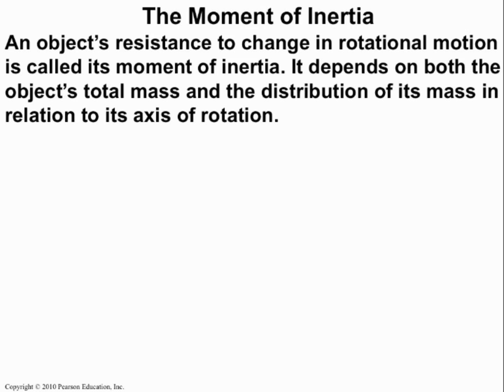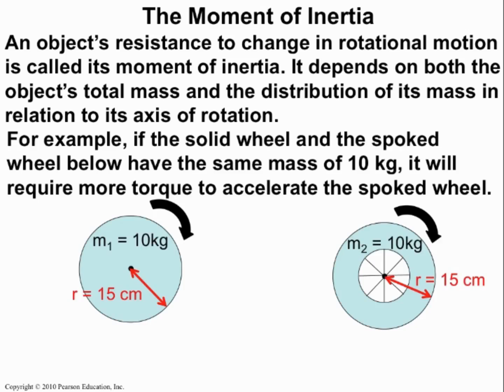We tend to think of moment as time, but it's not. This is just a term. So moment of inertia really refers to mass above all else, and it refers to mass in relation to its radius. Just think of moment of inertia as rotational mass or rotationally affected mass.